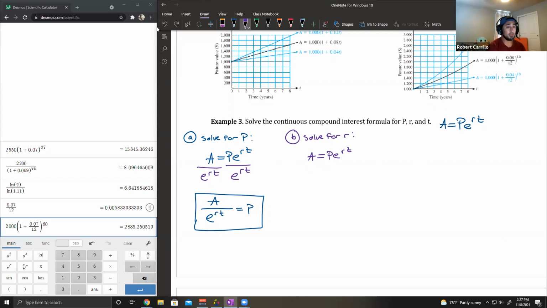So first thing we want to do is get rid of that P. We're going to divide by P. So if you divide by P, you get A over P equal to e to the RT. Now again, here's where we use the logs. We will use the power rule for logarithms again. So we apply the natural log to both sides of this equation.